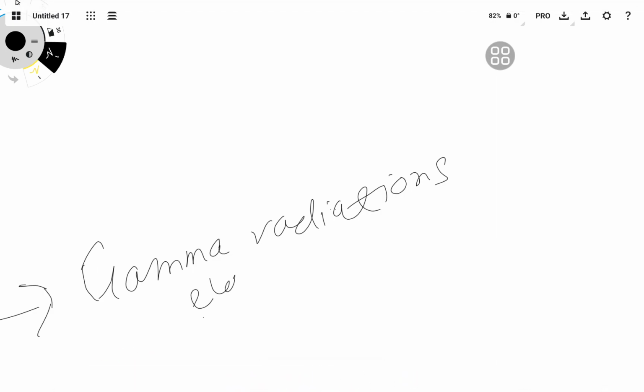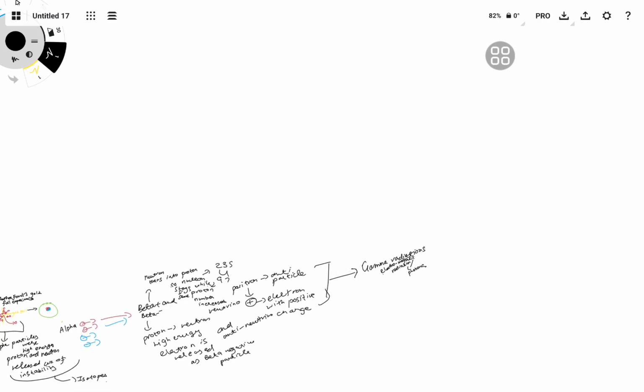Gamma radiations are electromagnetic radiation, which are basically high energy photons that have radioactive properties. Photons have no mass, but gamma does release a lot of radiation.